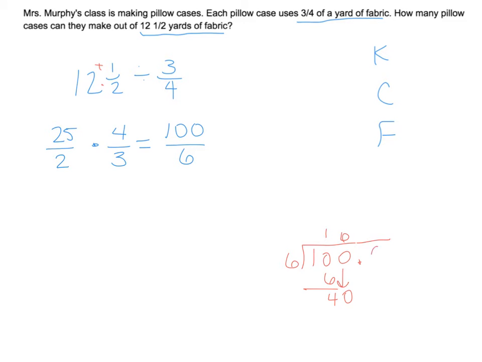I'm going to have to expand this, put my decimal there. 6 times 6 is 36. And again, I get a 4. That becomes 40. And now I can kind of see that this is going to keep going on and on for a while. So I'll write my improper fraction here. Over here I had 16 as my whole number.